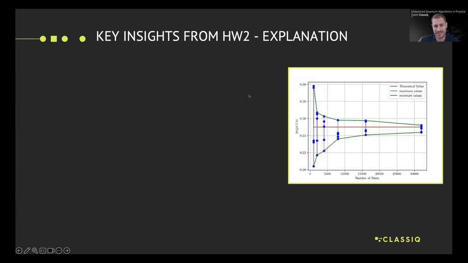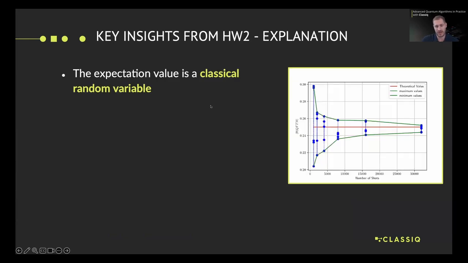If I can summarize what I just said on a more mathematical note, the expectation value is a classical random variable, right? So it has a mean and it has a standard deviation. Now, the mean is constant in terms of the number of shots. So we can see that all the experiments here with different numbers of shots are around the theoretical value.